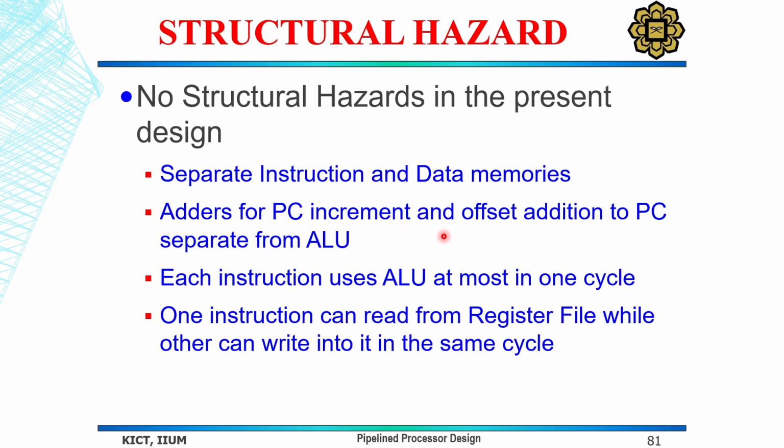So each instruction uses the ALU in one cycle. We don't use the ALU in two different cycles for one instruction. Also, one instruction can read from the register file while another instruction writes into it in the same cycle. So we have no conflict with the register file. So there are no structural hazards in the structure which we are covering in this course.